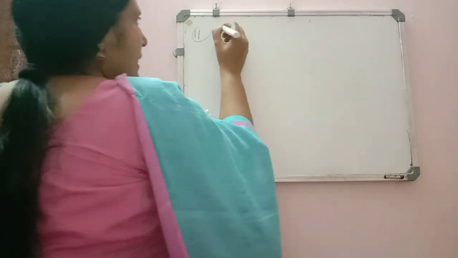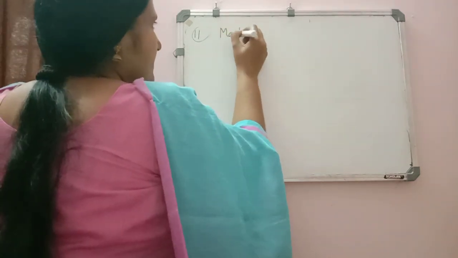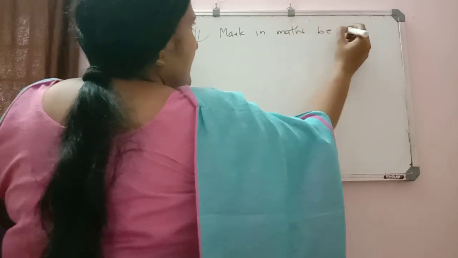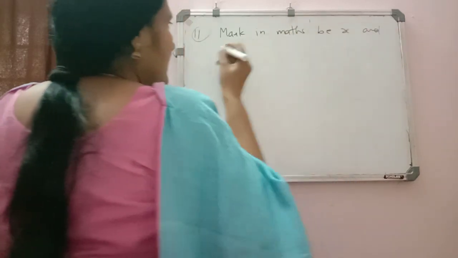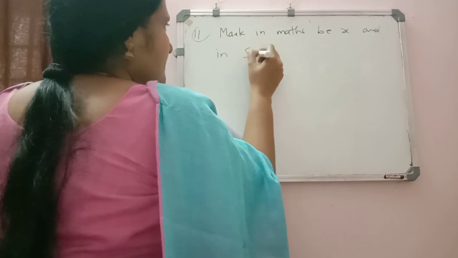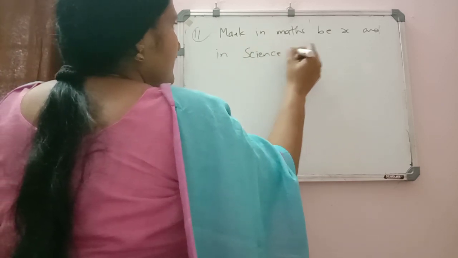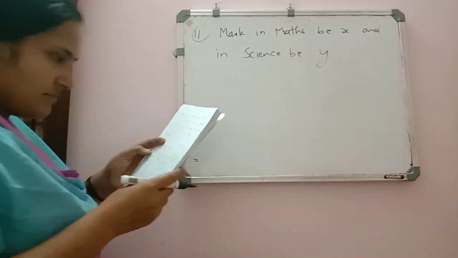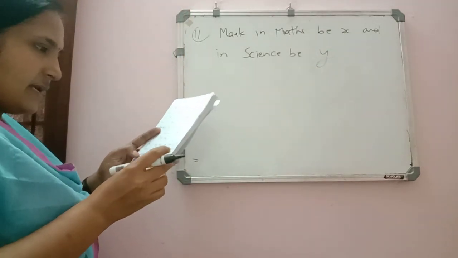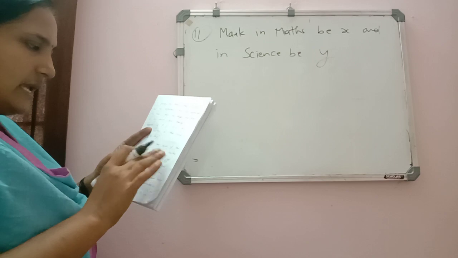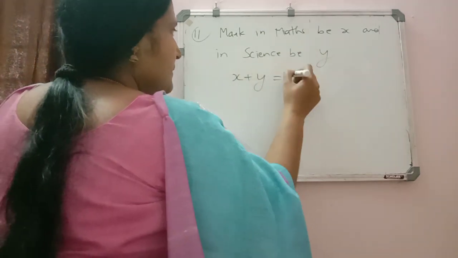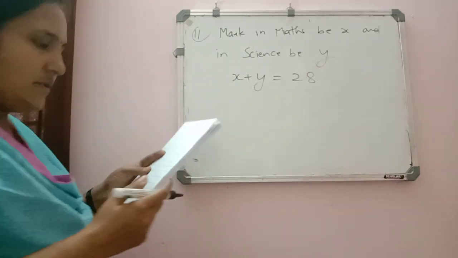So we'll take, let the mark in maths be x, and in science be y. So information given, the sum of the marks obtained by A in maths and science is 28. So x plus y is equal to 28.